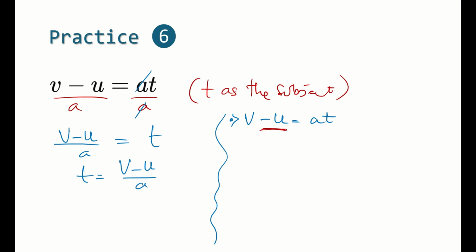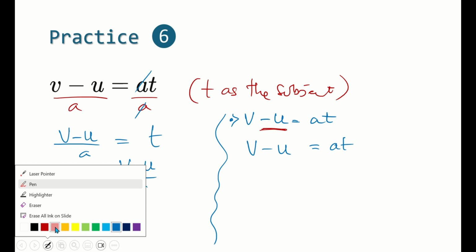How to make it positive? Basically we need to add U to both sides first. But sir, it will cancel U. It's okay, just to make sure that the U will appear on the right side. This is not common for you, but I want you to follow the step.